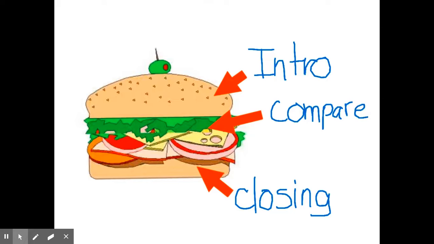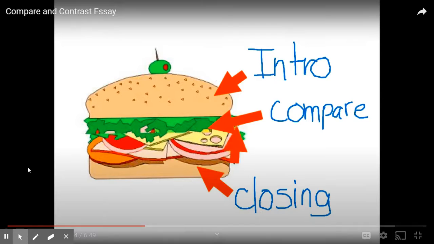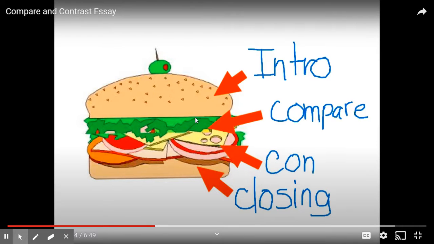Your second part of the middle is your contrast, and you're going to write a paragraph that contrasts the 2 items. So for your essay, your first body paragraph will be talking about how the stories Grandfather's Journey and Tea with Milk are similar. And then your second body paragraph will be talking about how these 2 stories are different.